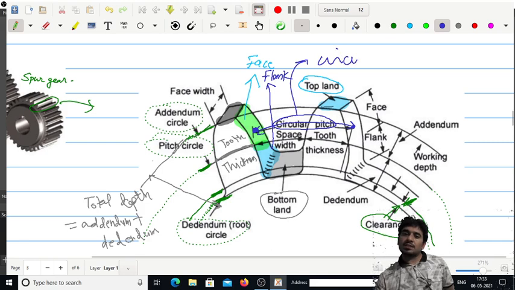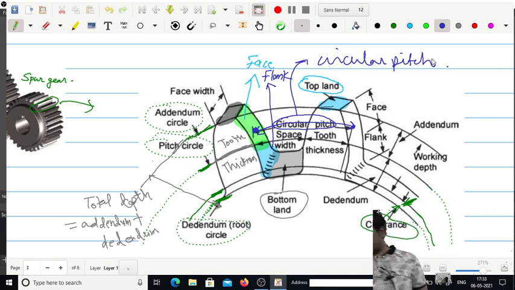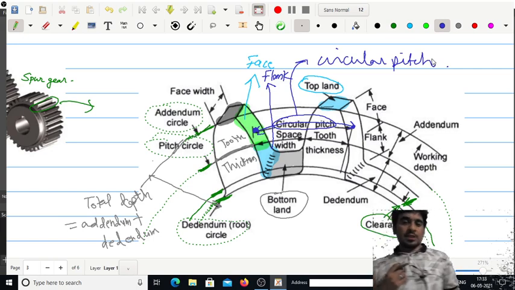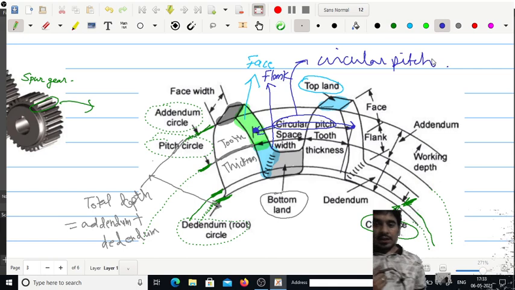That is defined as the circular pitch. I hope this is clear.